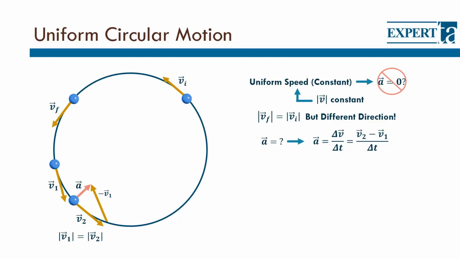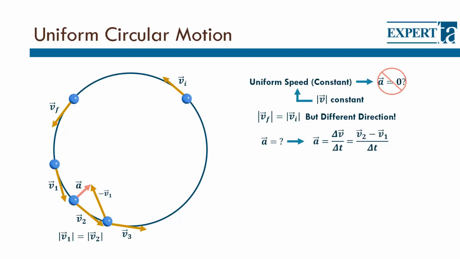So I just determined that by thinking about how the motion in the circle is happening. The final velocity was this, the initial velocity was this, so I added the negative to it. Divide by the time, I don't know what the time period is, but at least this tells me the direction of the acceleration. The direction of the acceleration is apparently like that. I'm going to do this one more time. After the same time period, my object is now right there.